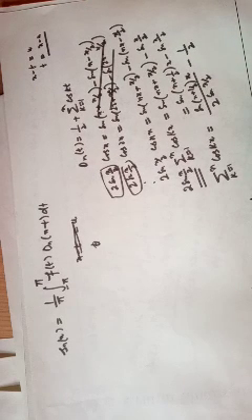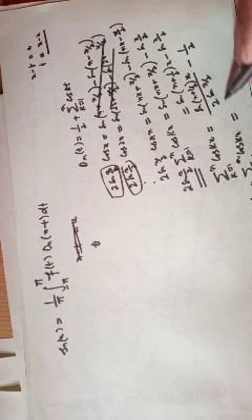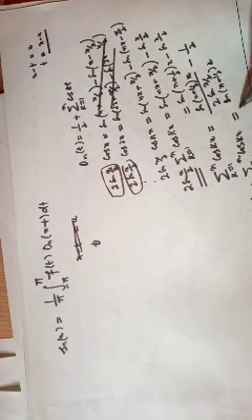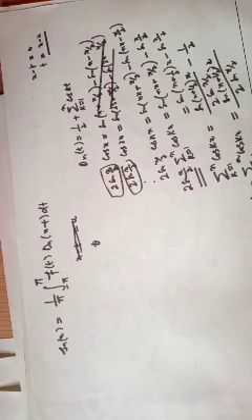So I have 1 by 2 plus summation k runs from 1 to n cos of kx can be written as sine of n plus 1 by 2 x divided by twice sine of x by 2, right?